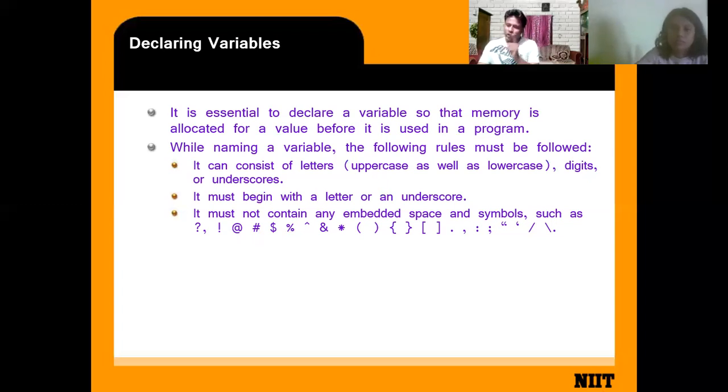Only underscore and dollar are permissible symbols when you start a variable. No other symbols are permissible.